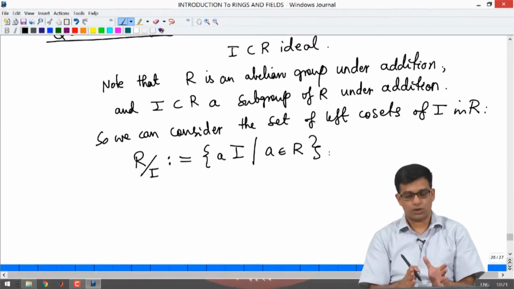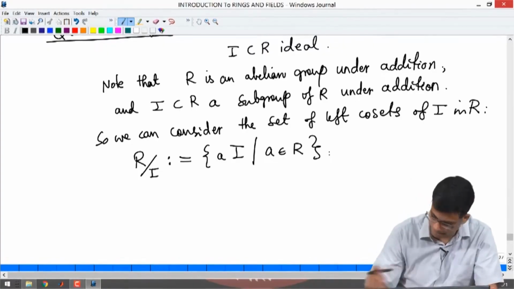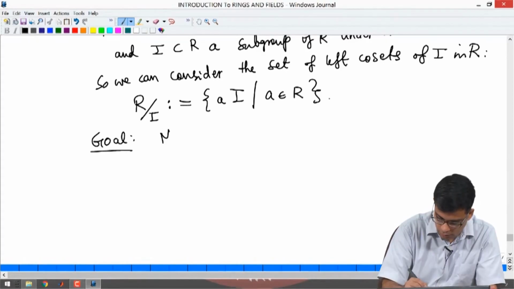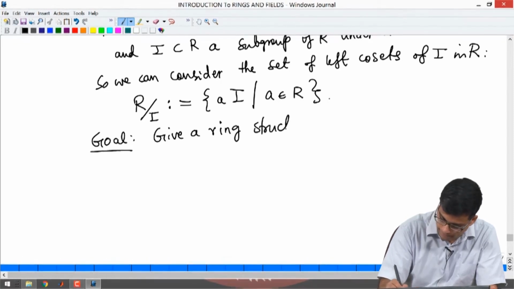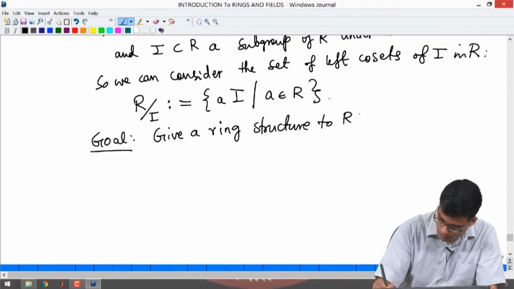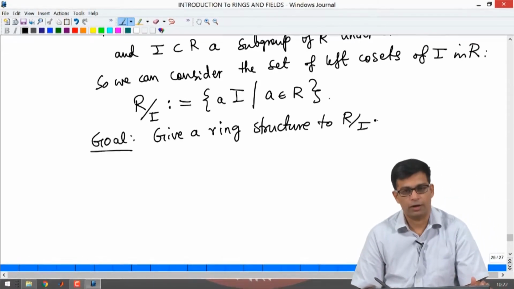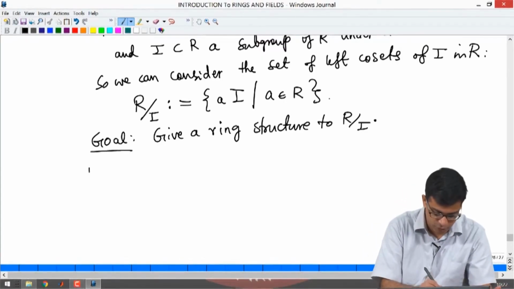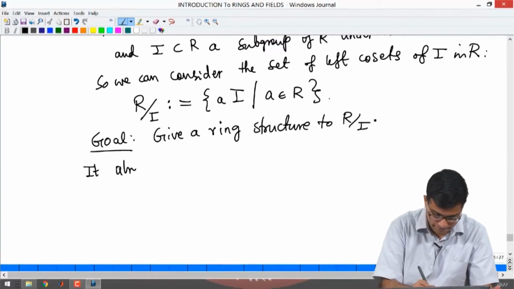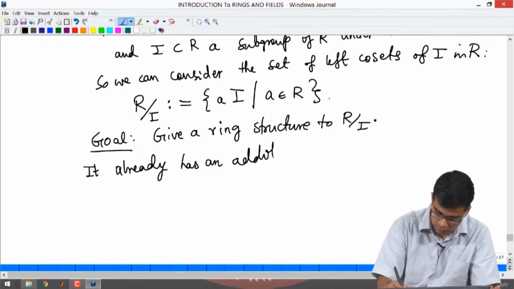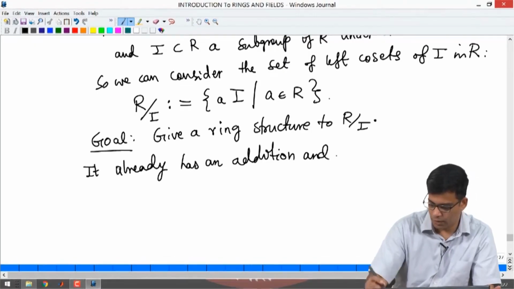My goal is to make this a ring. Our goal is to give a ring structure to R mod I. What it already has is an addition, and it is a group under that.